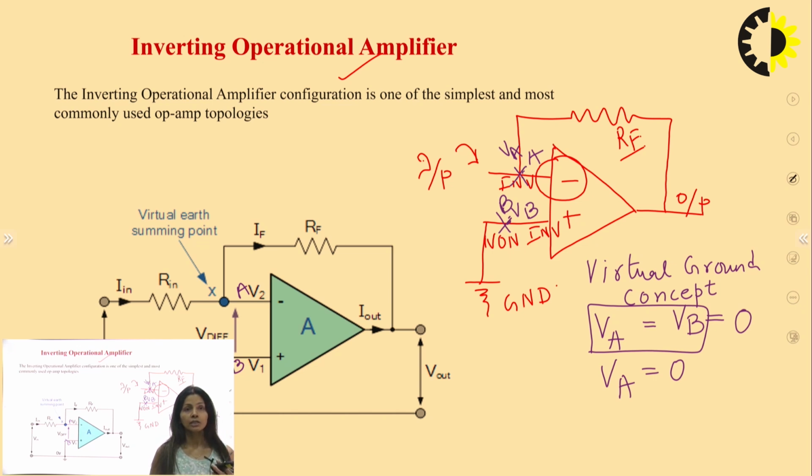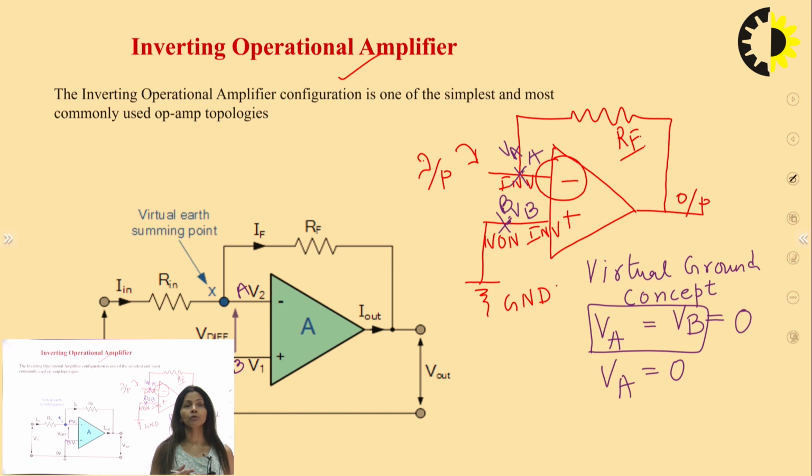The second is the feedback resistance, which should be given at the negative terminal of the op-amp. The third is that the voltage difference between these two must be 0. And the op-amp is said to be ideal here. These are the compulsory conditions which we need to check for solving any op-amp circuit.